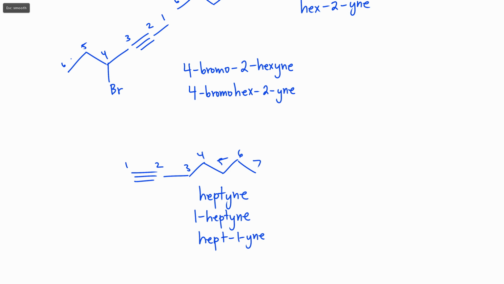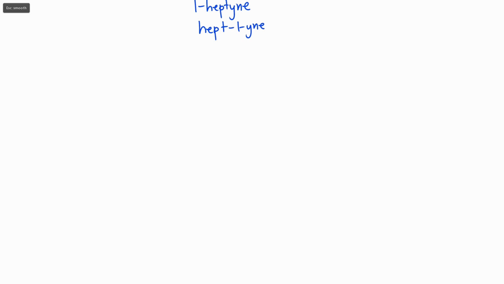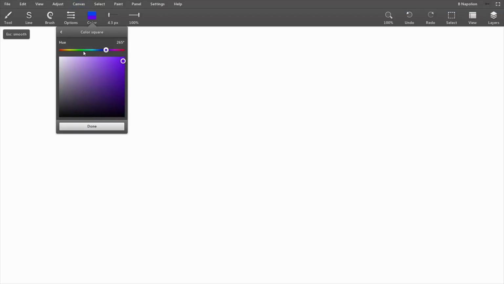Okay? Now, when we put other functional groups on the carbon-carbon chain that have priority over the triple bond, we have to do a little different format, okay? That's why it's always good to know your priority, your sequence of priorities, okay?